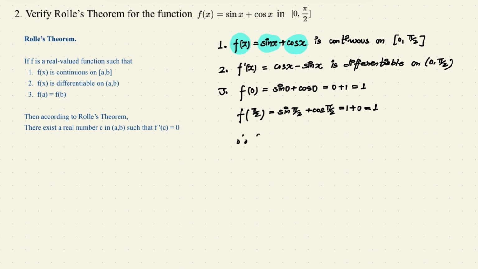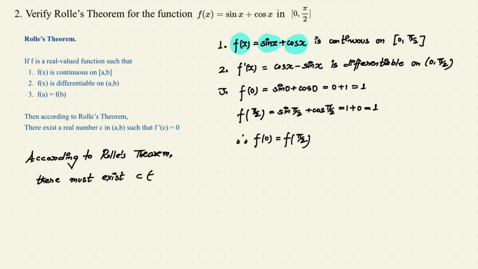Therefore f(0) is equal to f(pi/2). Hence all three conditions are satisfied. Now according to Rolle's theorem, there must exist a real number c belonging to the open interval (0, pi/2) such that f'(c) = 0.